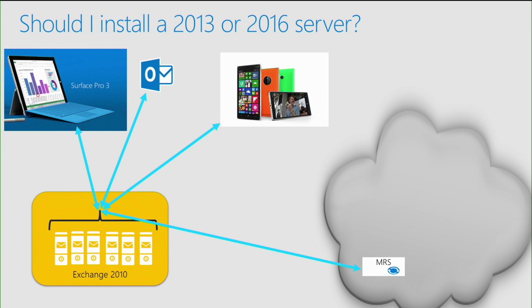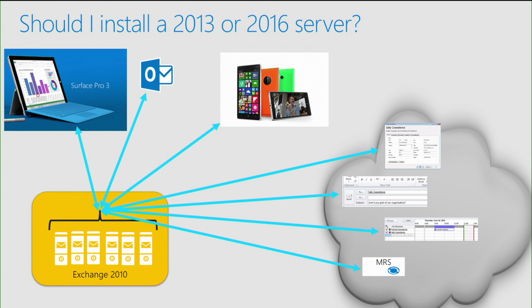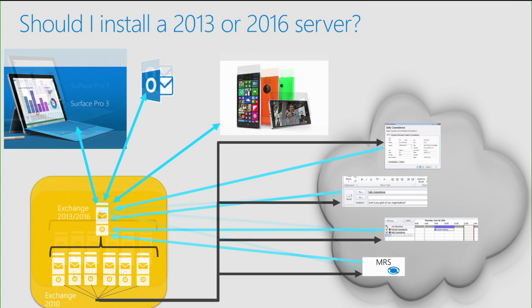So they'll come in via that internet edge, and we'll use that same endpoint publishing for coexistence, for free/busy requests and for those MRS requests. If you deploy a 2013 or a 2016 server, it basically sits in front of that Exchange 2010 organization or that legacy Exchange organization, and will expose those updated endpoints to Office 365 as well as those external users.